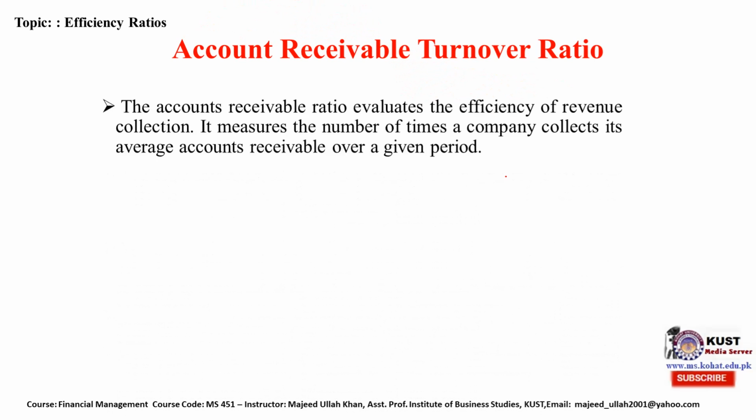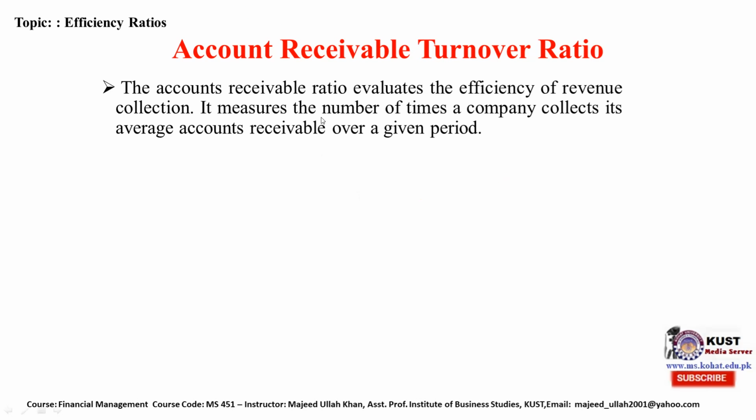The second ratio is the account receivable turnover ratio, an efficiency ratio. Account receivable ratios evaluate the efficiency of revenue collection, that is, how frequently the company is collecting its receivables from its credit sales.